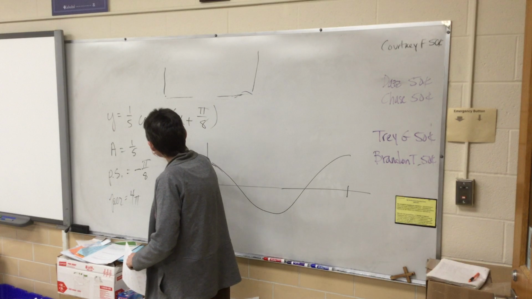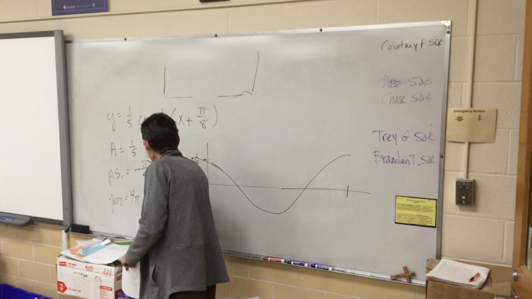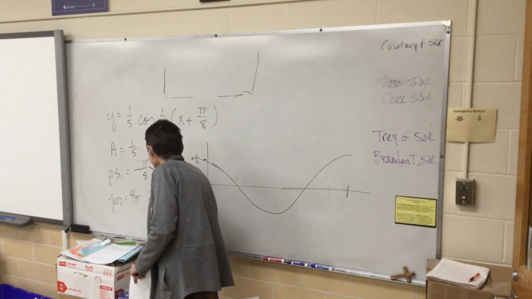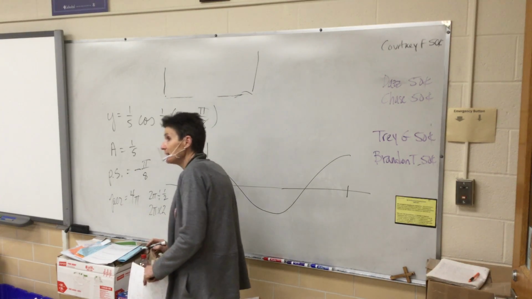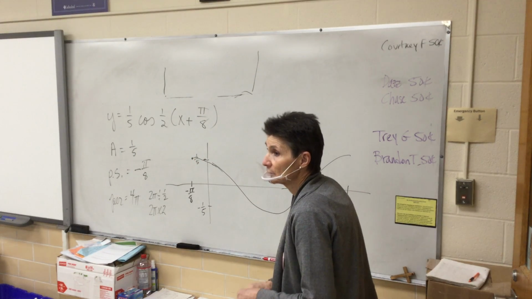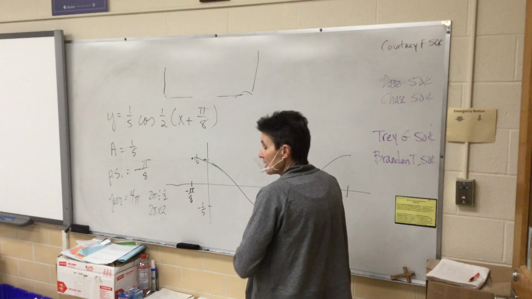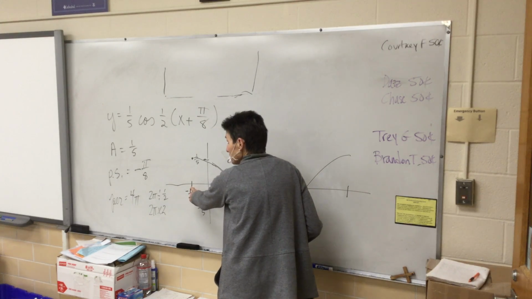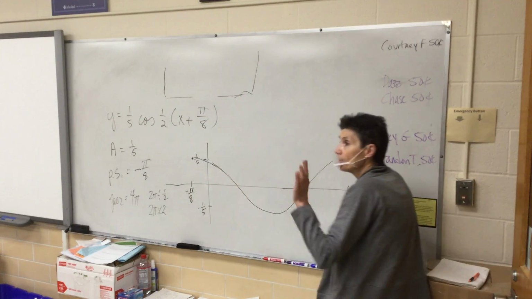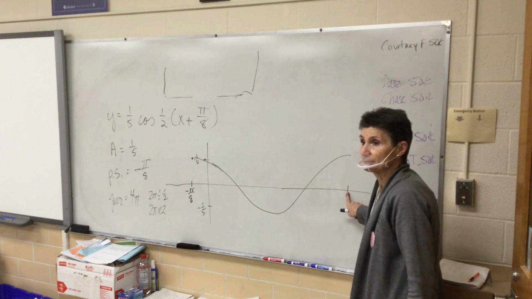So we're taking 2 pi and dividing it by a half, which is the same as timesing it by 2. So that means that from this point to this point is 4 pi.